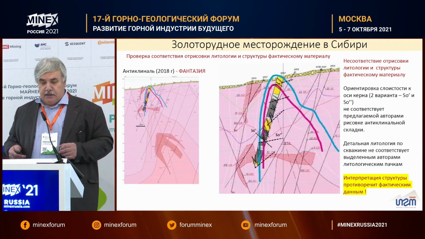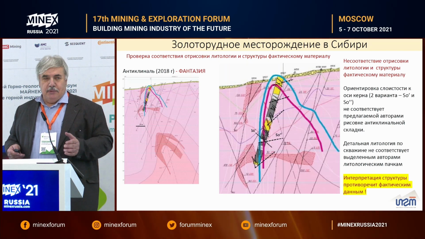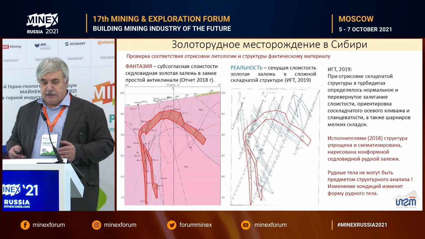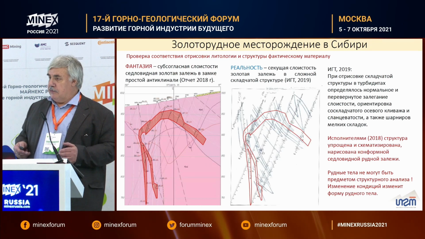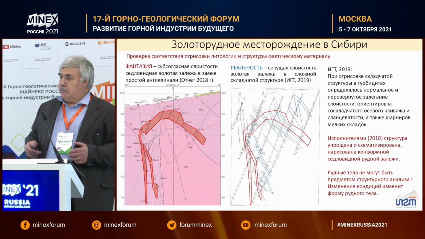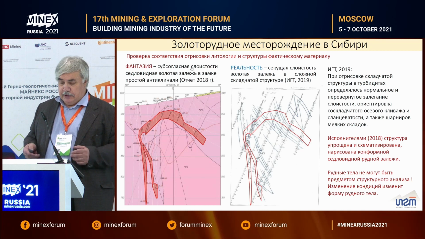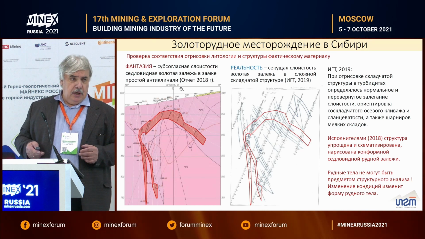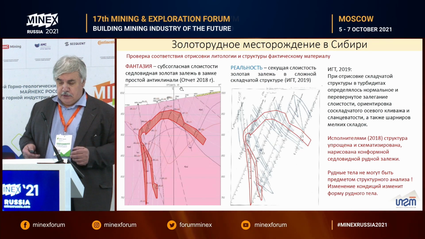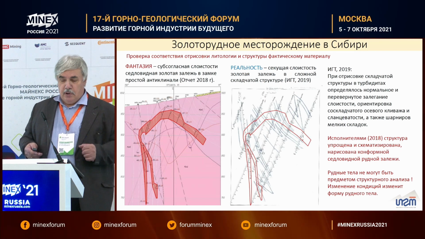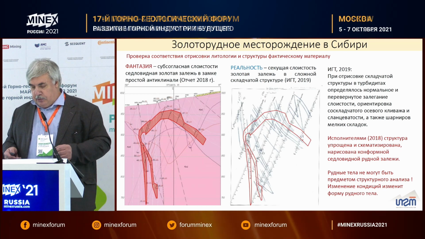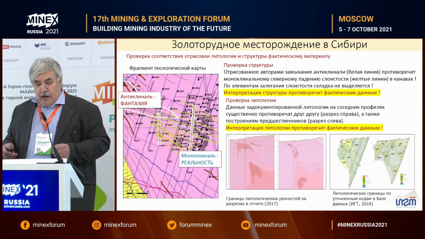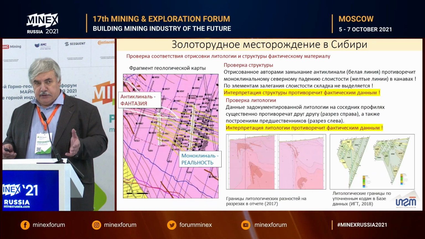We conducted the analysis of the primary data, and in many cases this model does not match the structural elements both in the cross-section, and here is the photo of the structure with different elements which turned out to be more complicated. This is the ore deposit, and it turned out that it had this kind of shape.